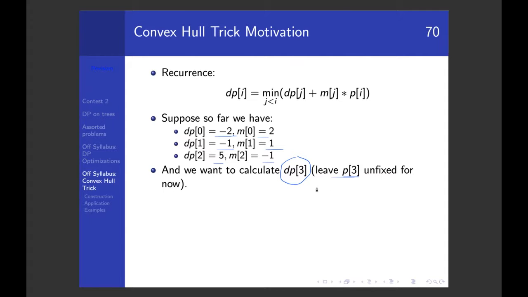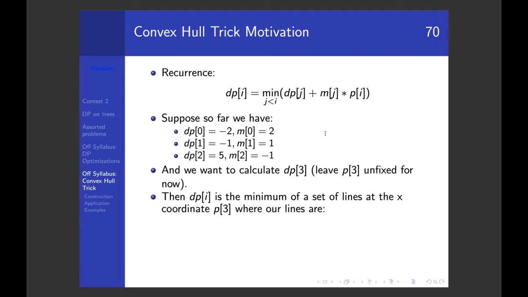And the question depends on what p is. So let's graph this. I've got a graph on the next slide. We have these lines, the same thing I said before. So dp[i] is a minimum of a set of lines at some x coordinate, where that x coordinate is whatever p[3] is.